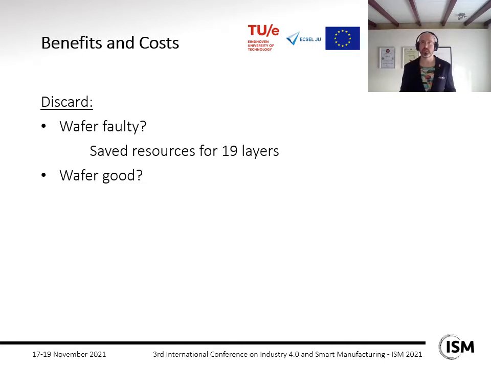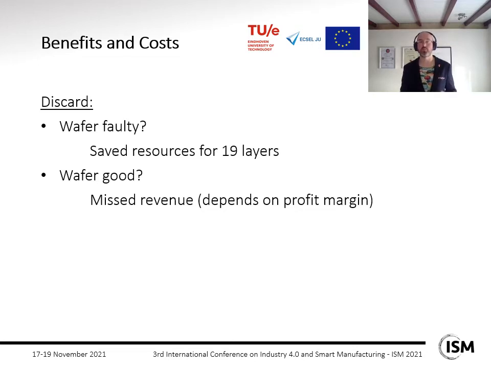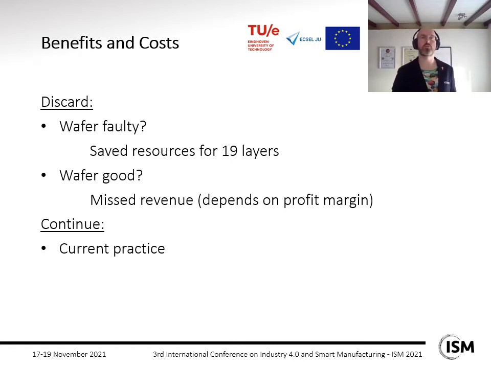If that's the case, then we miss out on revenue because the value of the wafer increases after it's finished, but the amount of missed revenue of course depends on the profit margin that we have on the wafer. Obviously, there's also a possibility that the model says do not discard it and just continue the process, and that's exactly what the current practice is. So nothing would change with respect to the current practice.